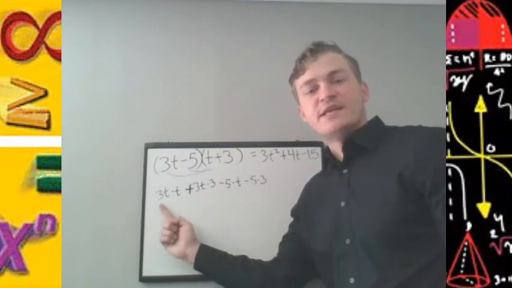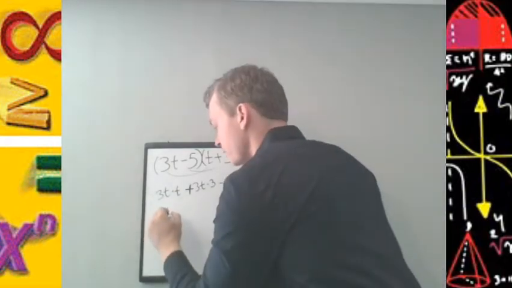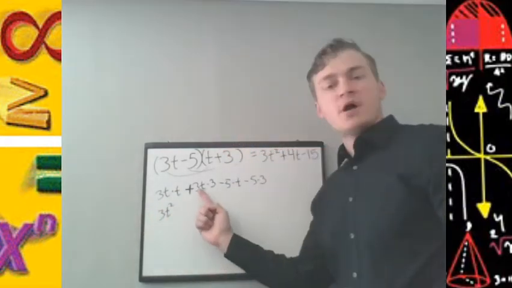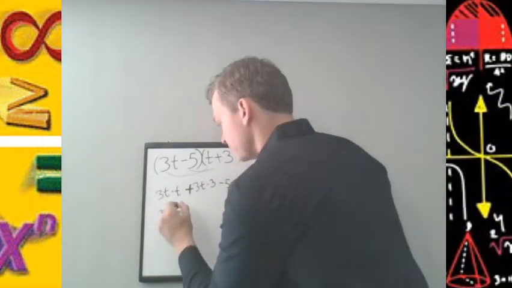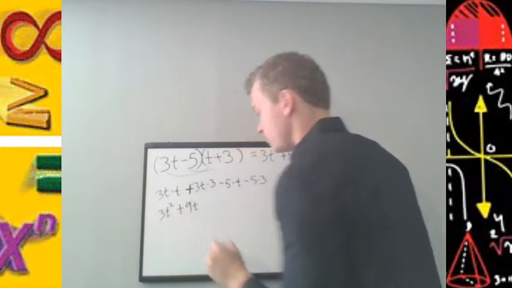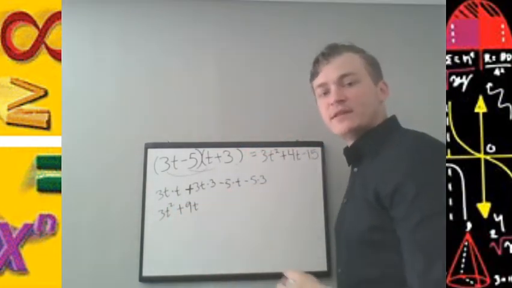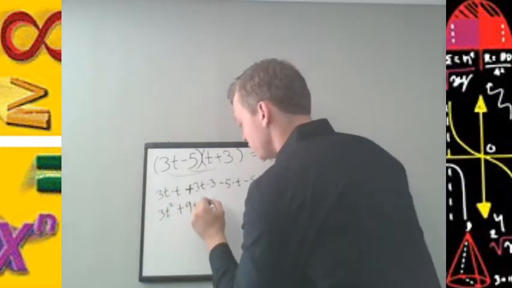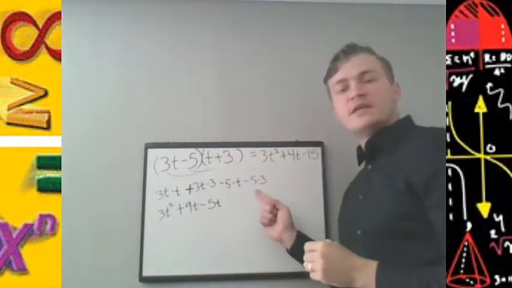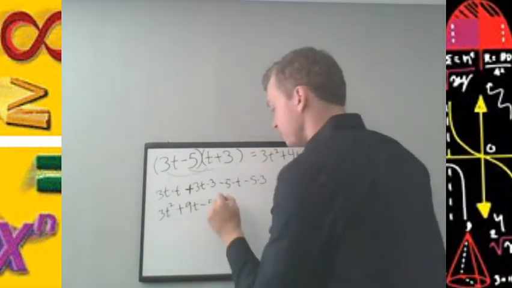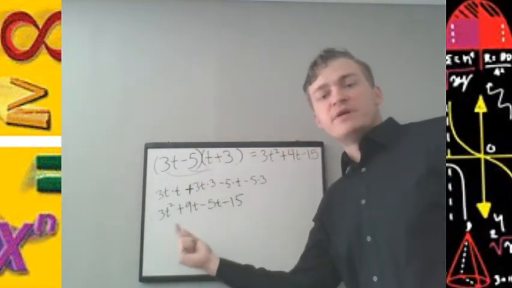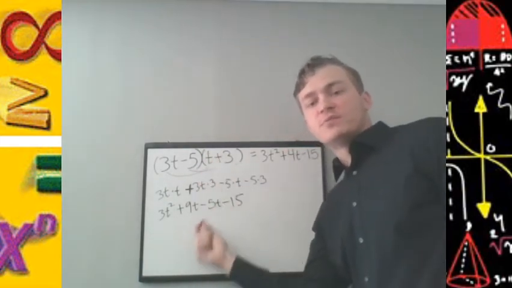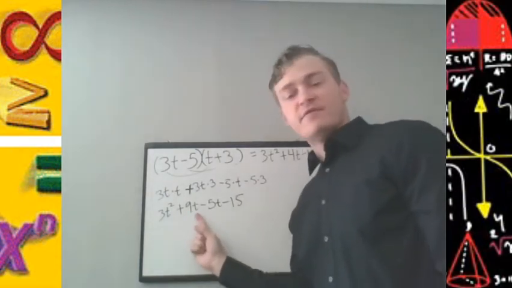Three t times t is 3t squared. A positive 3t times 3, or 3 times 3t, is 9t. Minus 5 times t, we can write this as minus 5t. Minus 5 times 3, minus 15. Multiplying two binomials, we get 4 terms. We see that the middle two terms are like terms. We have how many t's?